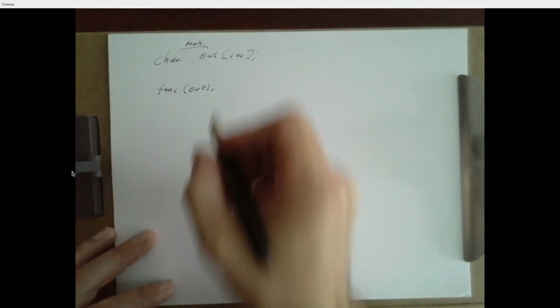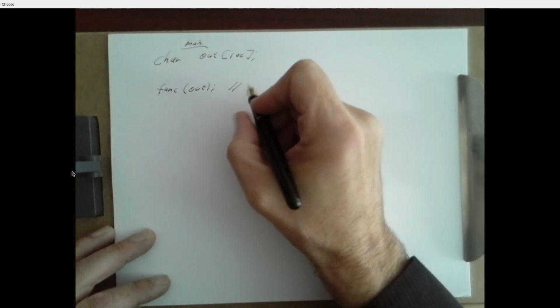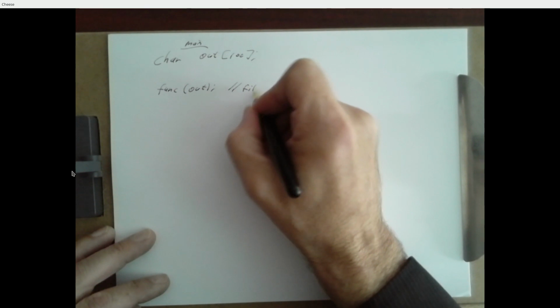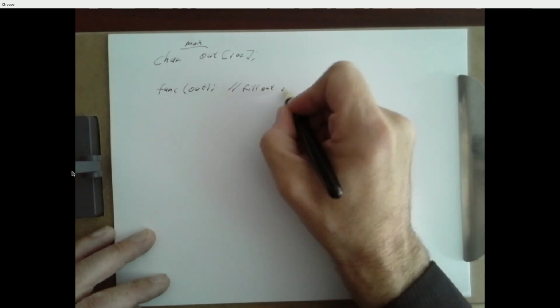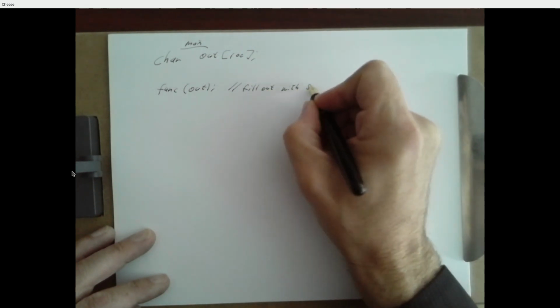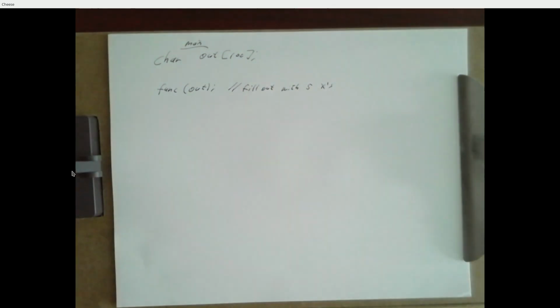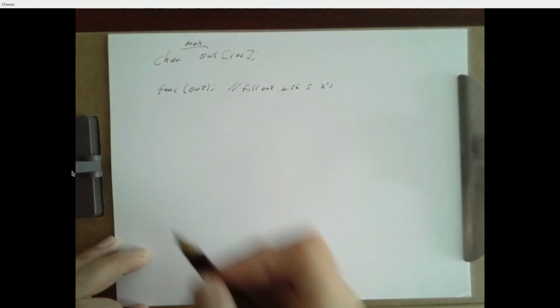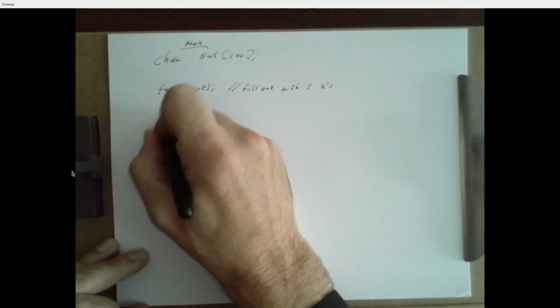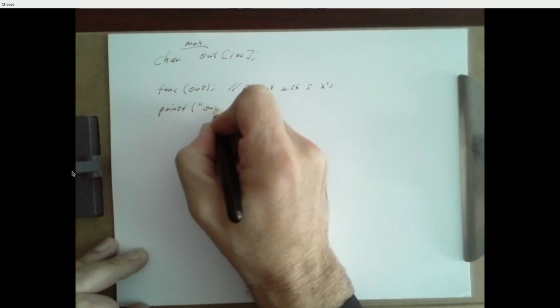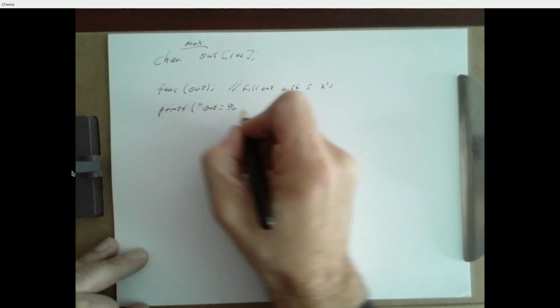And the goal of our function is, we want to change out to be a string that has 5 x's in it, for whatever reason, right? And then we're going to printf what out is.